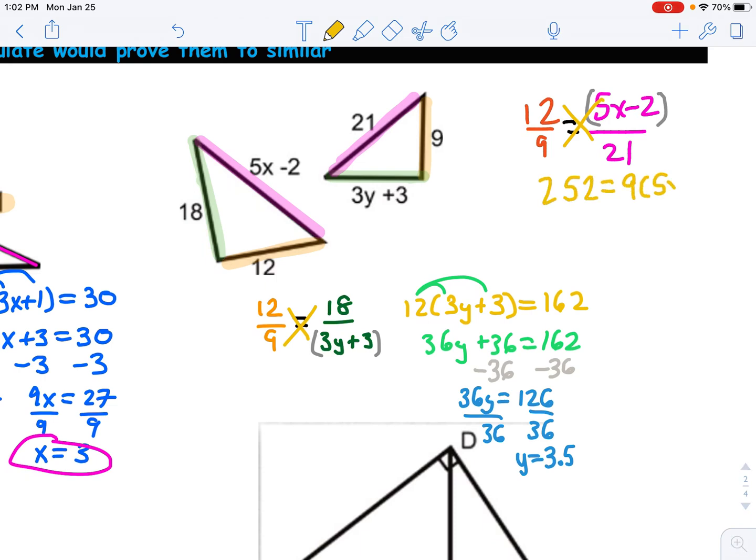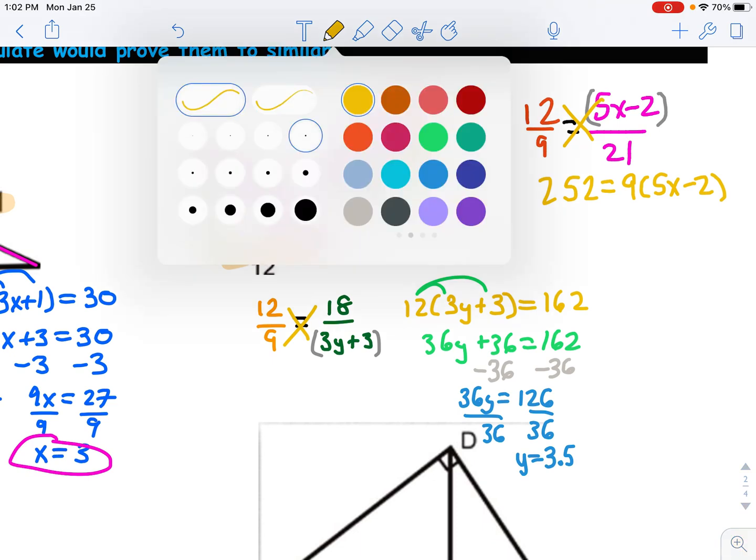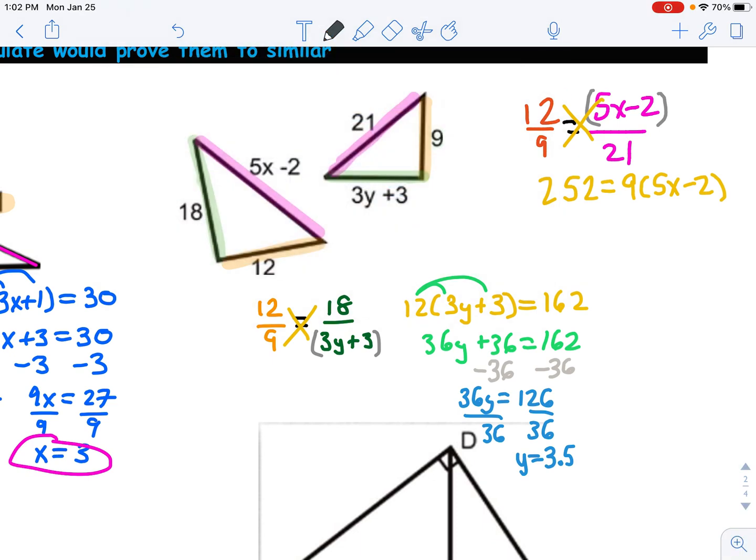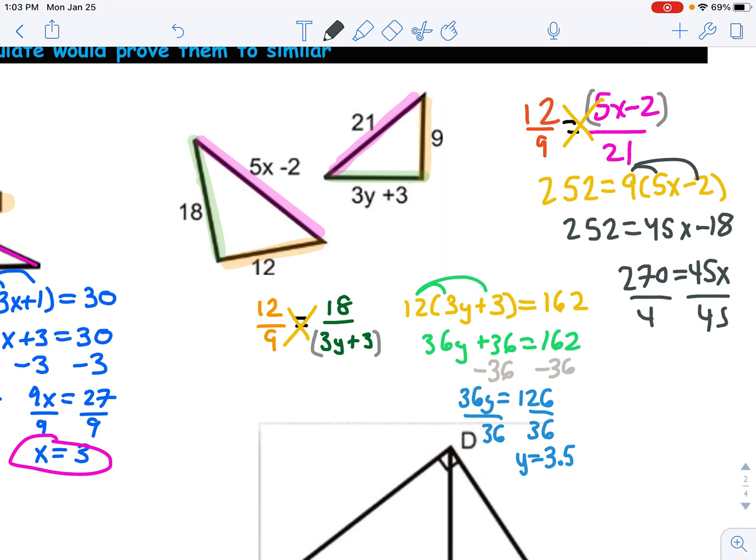Get 252 equals 9 parentheses 5x minus 2. Then I'm going to distribute. I'm going to get 252 equals 45x minus 18. Add 18 to both sides. 270 equals 45x. Divide both sides by 45.